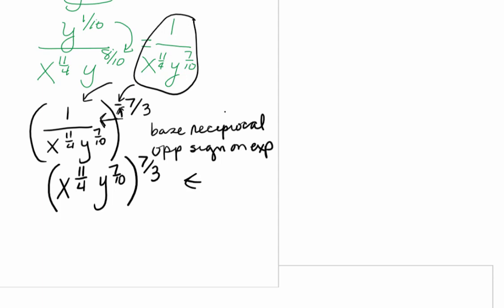So now we use the power rule, which means multiply exponents. We multiply the 7/3 times both of these exponents, multiply across because they're fractions, don't need a common denominator.